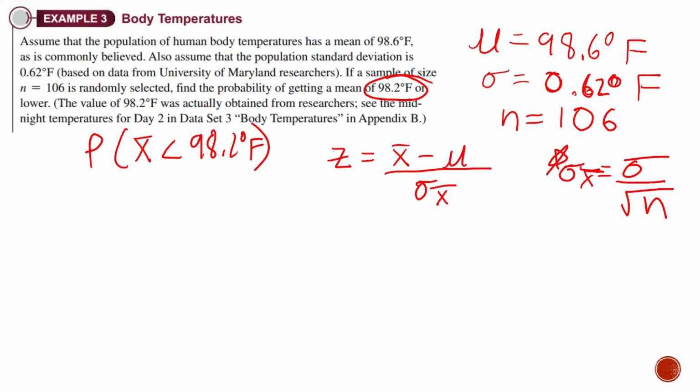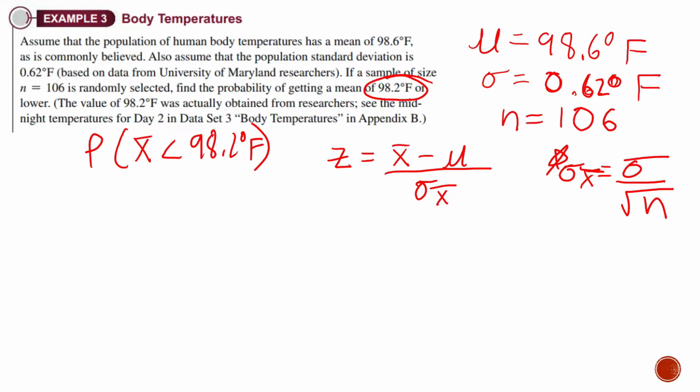What would the X bar be? Because I'm looking at that one. I'm trying to think that it'd be 98.3 then? 98.2. I don't know where you got 3. Yeah, just use 98.2.